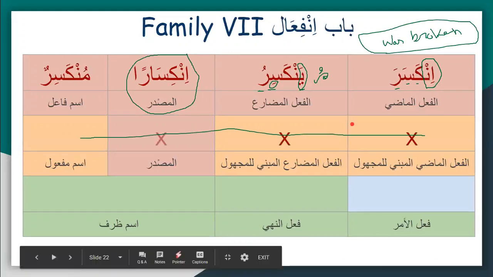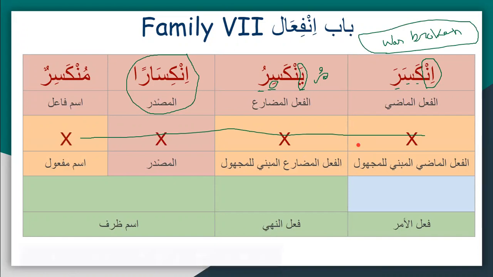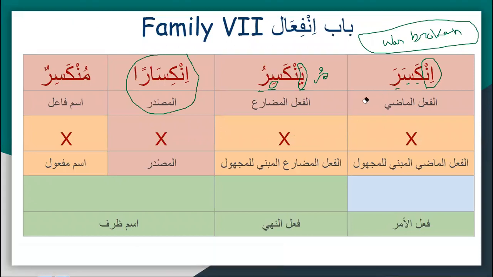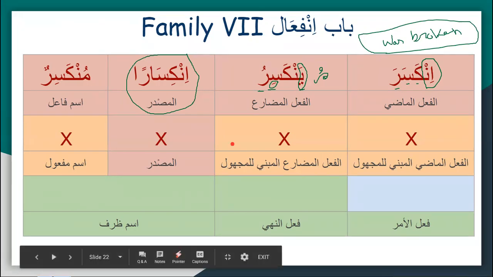You know that family number 7, the inkasara family, is lazim. That means the action falls on itself. That's why there isn't any passive group.